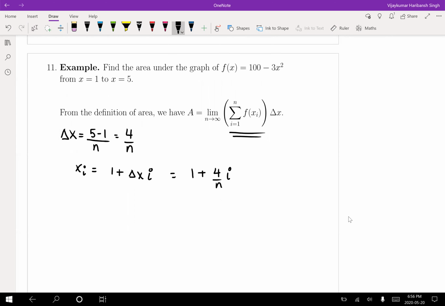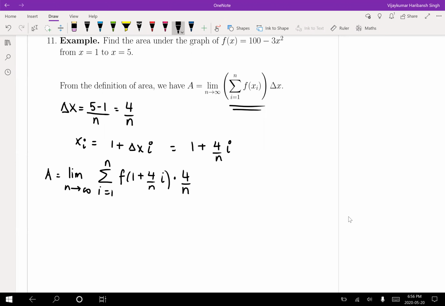Area is going to be A equals the limit as n goes to infinity, summation i going from 1 to n, f of xi, so f of 1 plus 4 by n times i, multiplied by delta x, which is 4 by n.